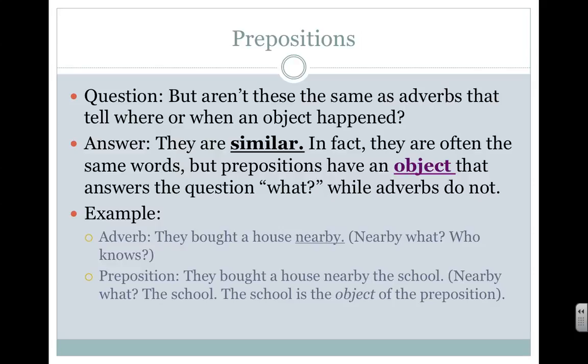Here, nearby is an adverb because we have to ask ourselves, nearby what? No one knows. There isn't an object. However, in the case of they bought a house nearby the school, in this case, nearby is functioning as a preposition. Nearby what? The school. The school is the object of the preposition.